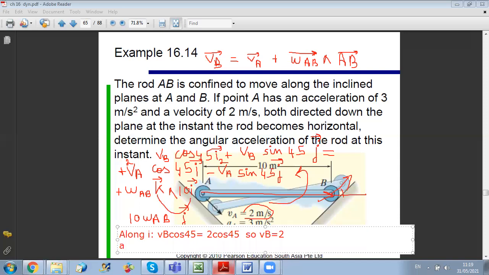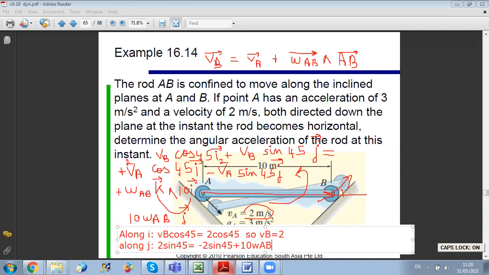Now, if I compare along j, from the left side the component along j is VB sine 45. So I can directly replace VB by its value: 2 sine 45 equals, from the other side, minus 2 sine 45 plus 10 omega AB.